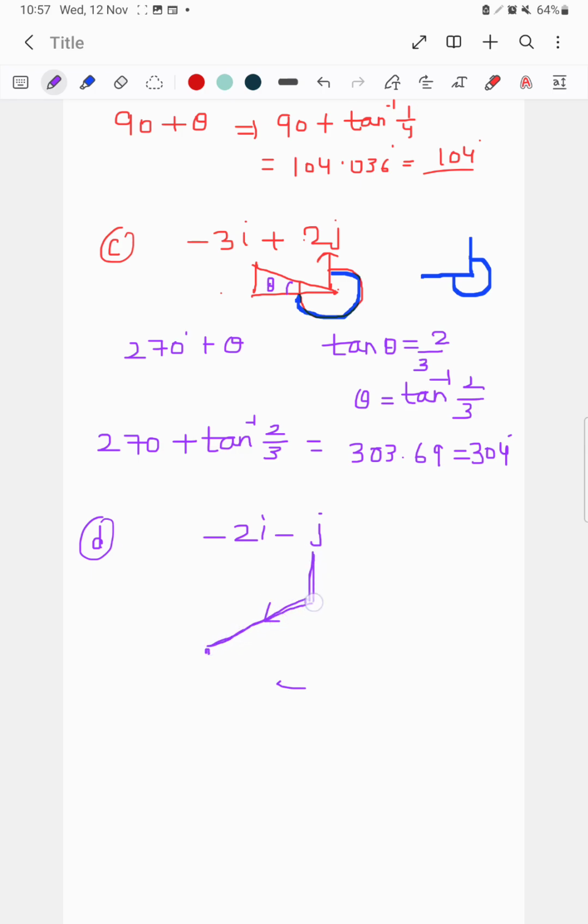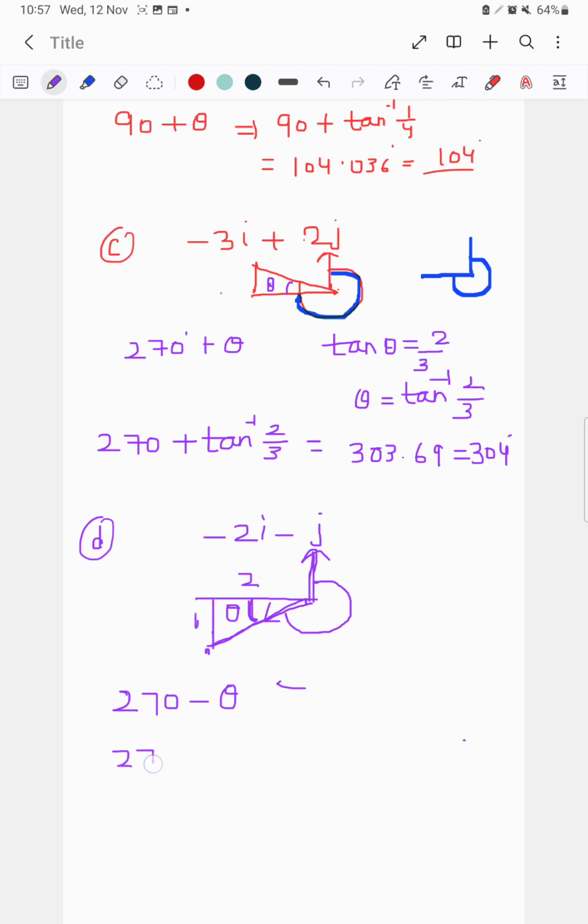Again bearings, that means we have to draw the north at the starting point, and from here in the clockwise direction I need to go until this line. Now this angle is less than 270. How much less? This much less. Let's say this is theta. So bearing is equal to 270 minus theta, and this is 2 and this part is 1.